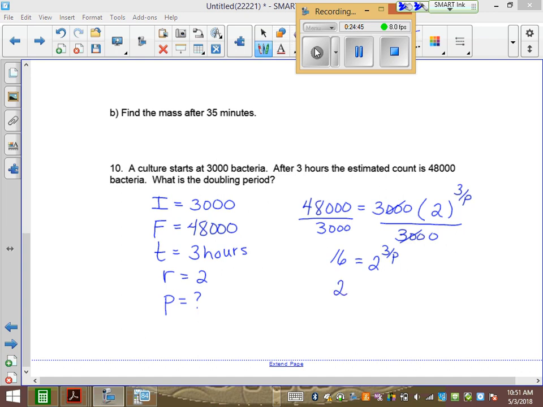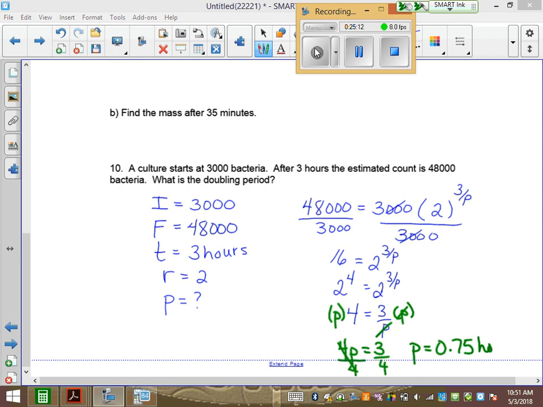So this is going to be 2 to the 4 equals 2 to the 3 over P. So you get 4 equals 3 over P. Multiply the P up. So 4P equals 3. Divide by 4, and P equals 0.75 hours. So this thing doubles every 0.75 hours, so 3/4 of an hour, which is 45 minutes.